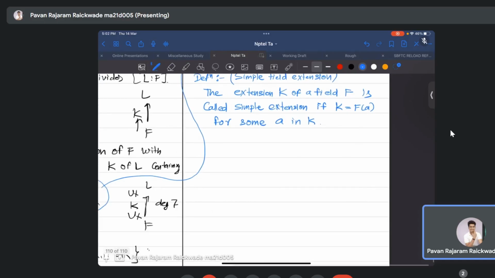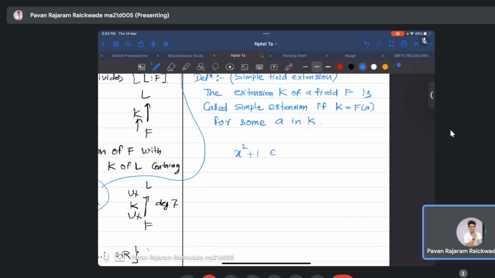Now we'll see what the algebraic elements are. The whole idea about these field extensions and degrees is about observing what happens with complex numbers and real numbers. So you take a polynomial, let's say x squared plus 1.